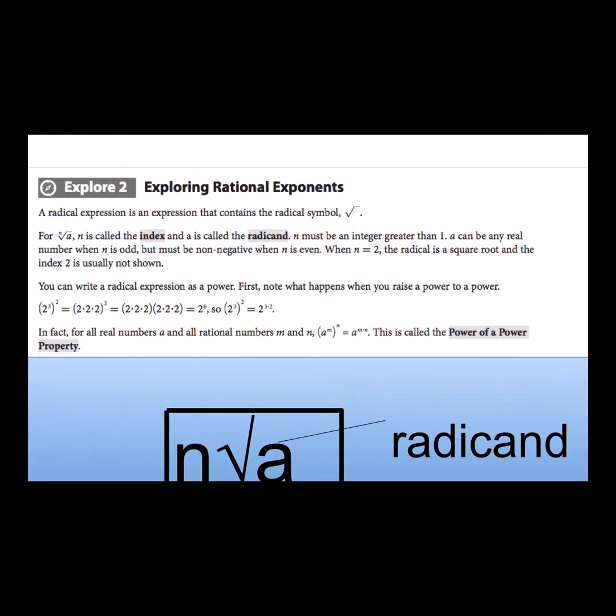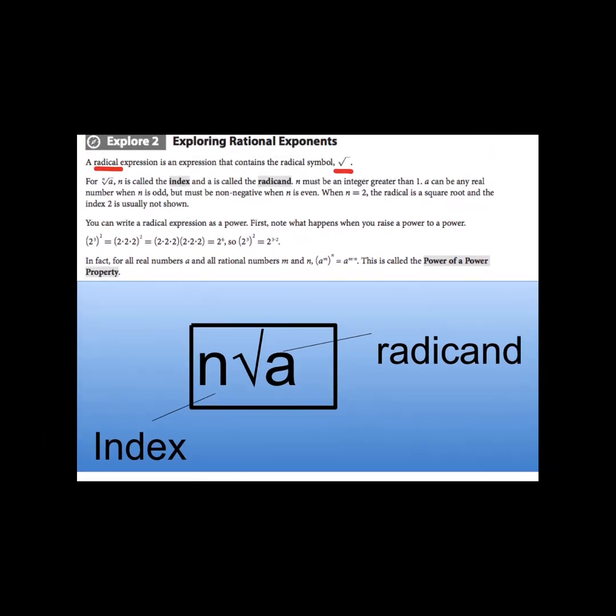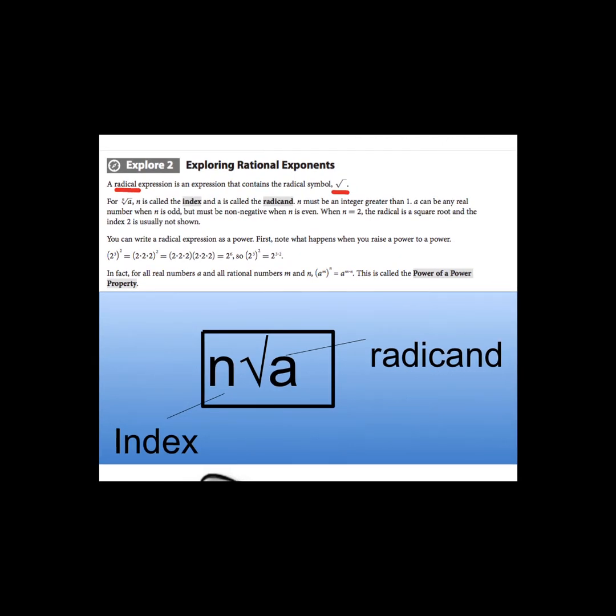Let's take a look at the format of writing a rational exponent as a radical. So the radical symbol, anything that has this root symbol is considered a radical form. So radical form has the radical root, just like here, and the components are made of this number outside.